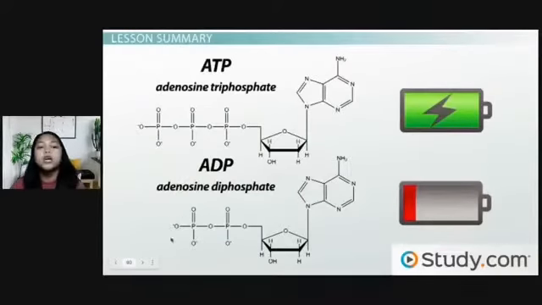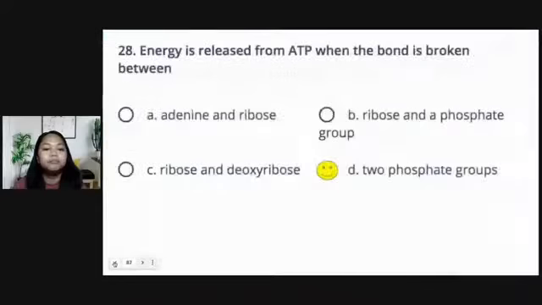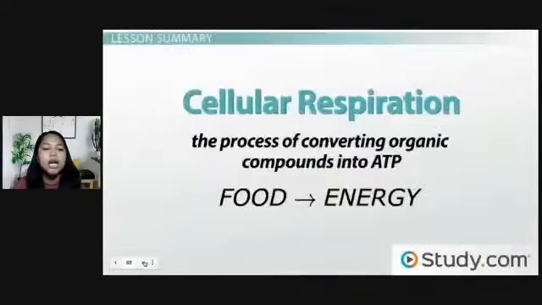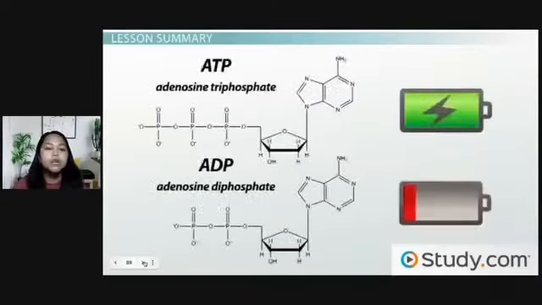Okay, so your energy is concentrated in the phosphate groups of your ATP. Kaya yung sa ating question, energy is released from ATP when the bond is broken between two phosphate groups. Okay, sa phosphate groups po, concentrated yung energy sa ATP. So our answer is letter D.